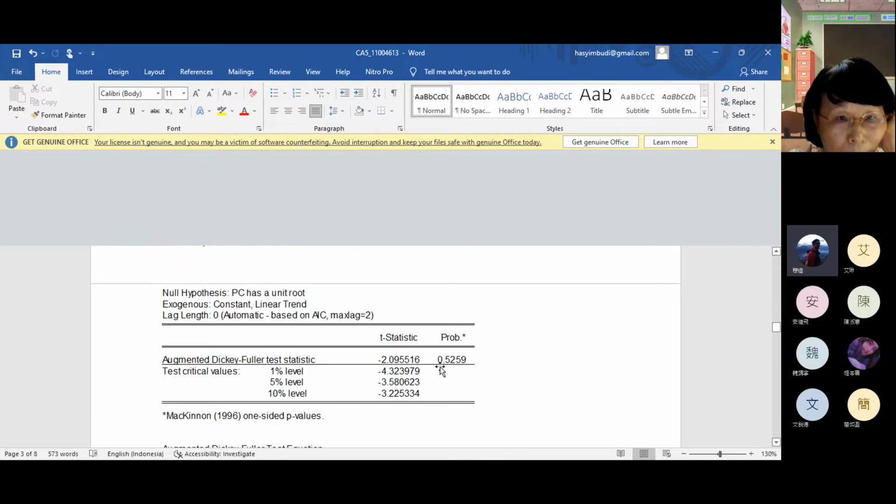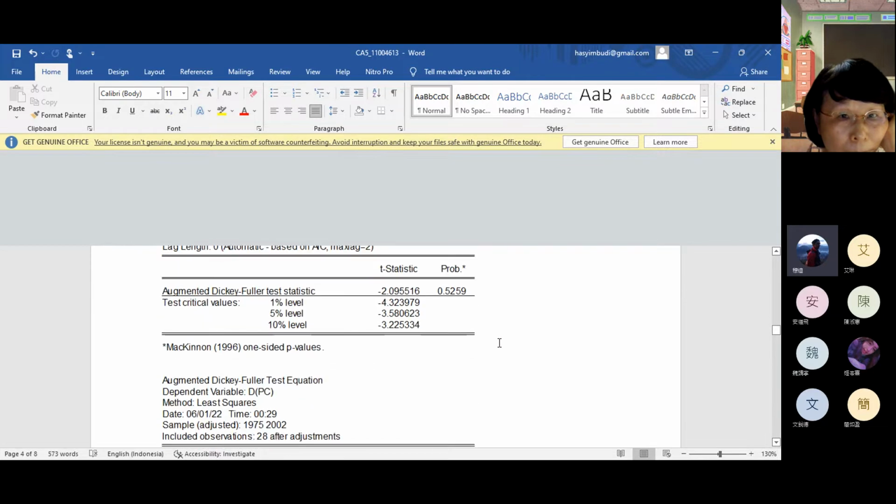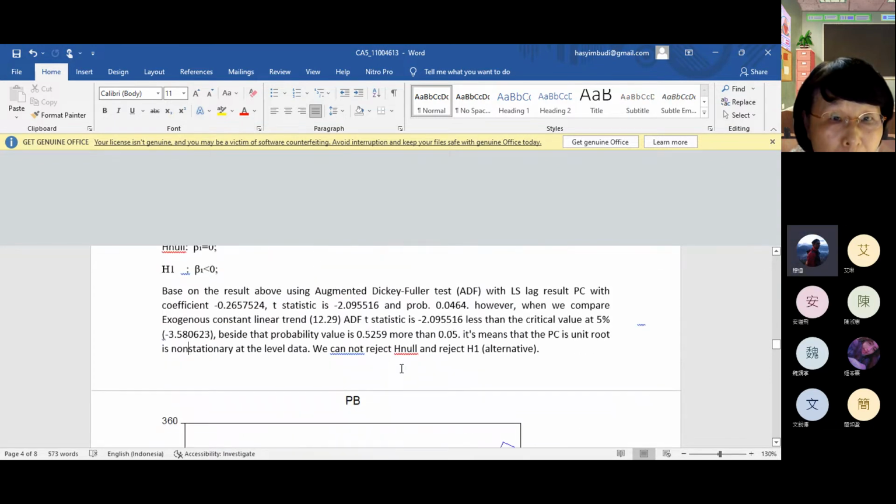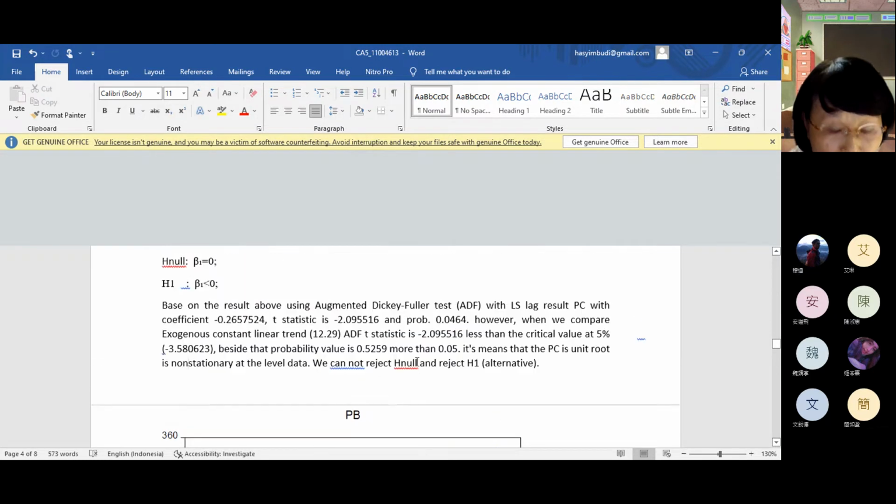And the ADF with exogenous constant and linear trend, the t-statistic is still less than the test critical value at 5%. This means we cannot reject the null and cannot reject its alternative, and the unit root is non-stationary at the level data. All right. Go on.